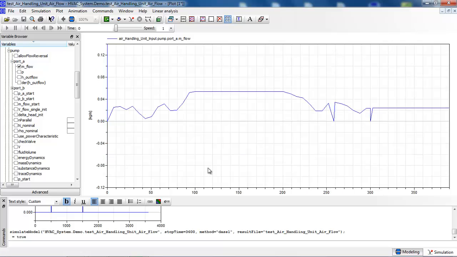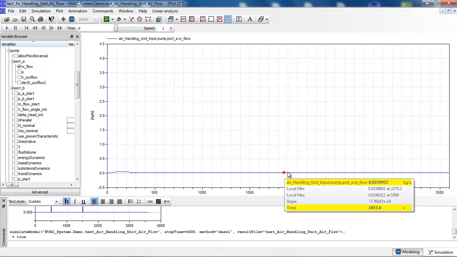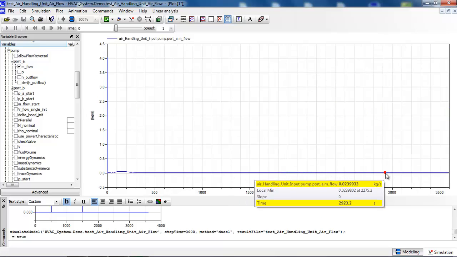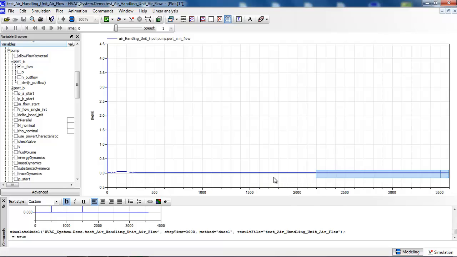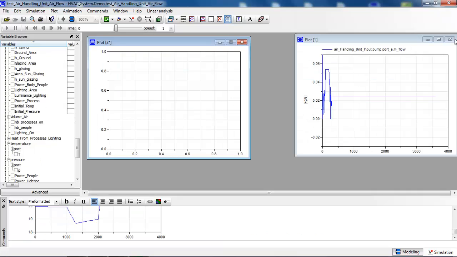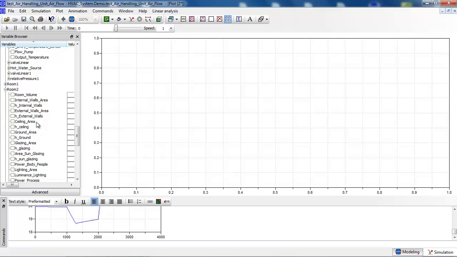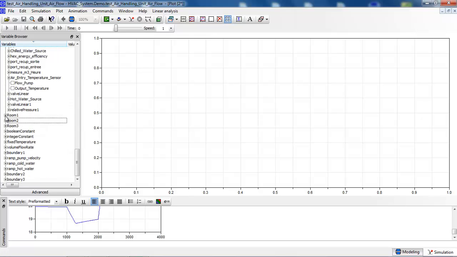I have a kind of ramp here and a final, stabilized value here.